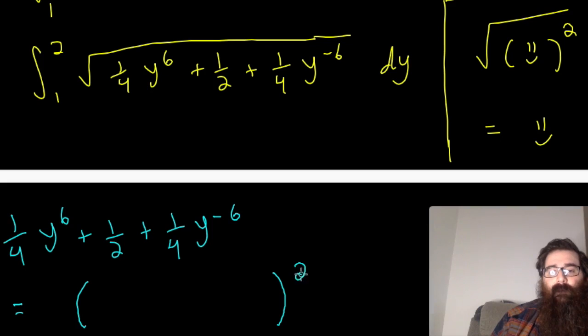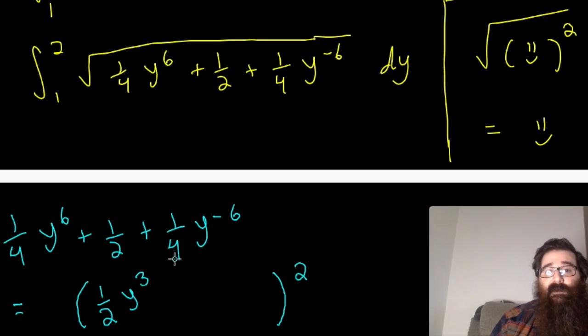Just think about it. Look at this first term. What would I square to get a 1/4 y to the 6th? Well, I think reasonably 1/2 times 1/2 gives me 1/4, and y cubed times y cubed gives me y to the 6th. So let's try a 1/2 y cubed.